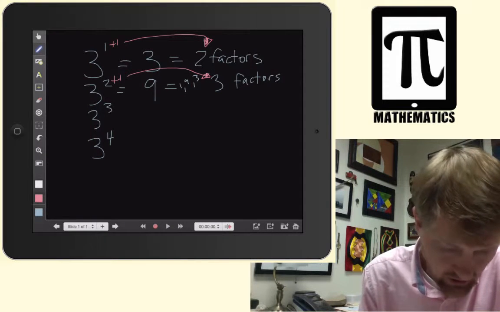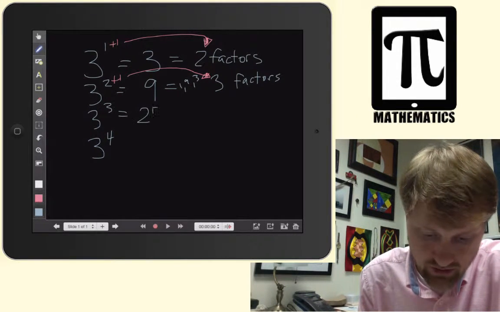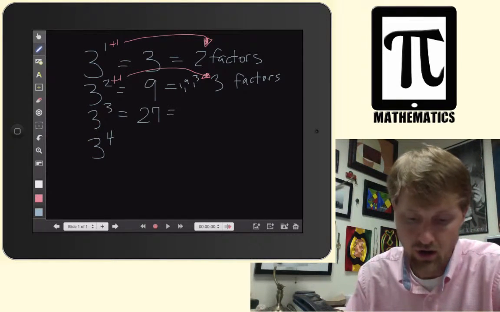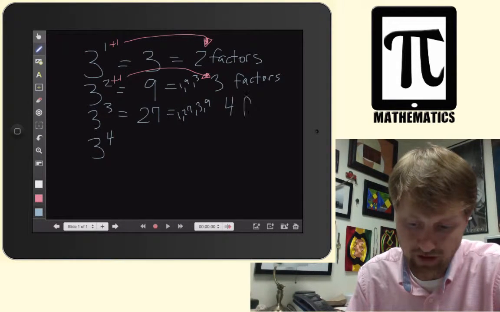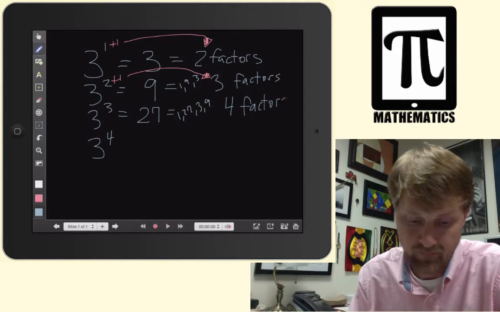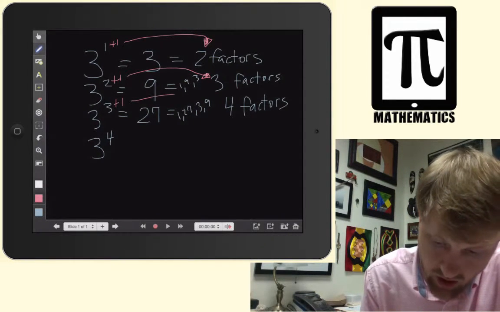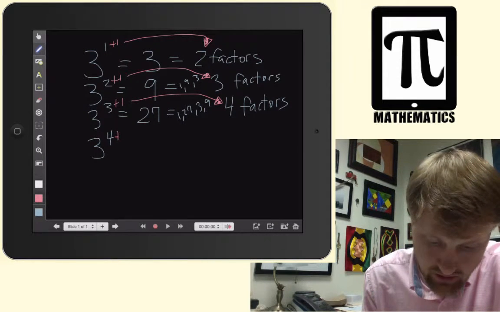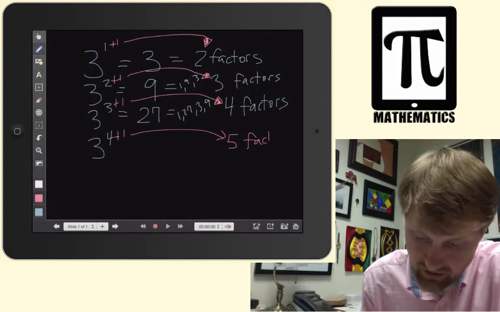Let's see, 3 raised to the third power is 27. So factors of 27 are 1 times 27, 3 times 9, and that's it. So I got 4 factors. And then does our rule hold up? You take the exponent, you add 1, and that tells you how many factors there are. And for the fourth power, you add 1 to that, we're going to get ourselves 5 factors.